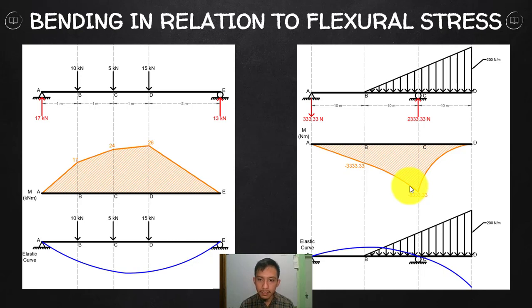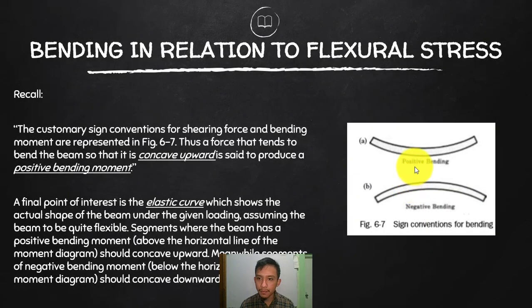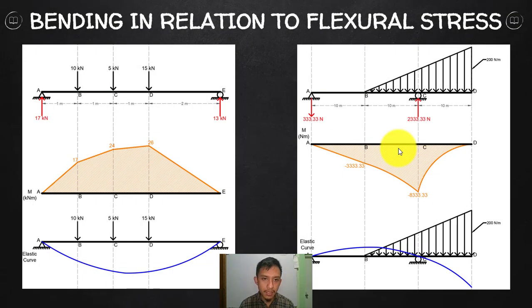Okay, so negative moments. If the section is under positive bending moment, it is concaving upward, so your upper fibers are in compression and your lower fibers are in tension. If that is negative bending, your upper fibers are in tension and your lower are in compression. So in this beam, the entire fibers from A to E on the top are under compression and below is under tension.